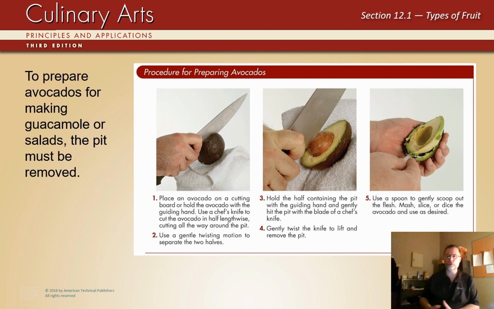This shows you how to remove that seed. Just take the knife and cut around that big pit, then stab the pit with the heel of the knife, and turn it and you can take that seed out. It's just one way to do it. It's easier to get it out that way, just to loosen the pit. So that's how a lot of people do it.